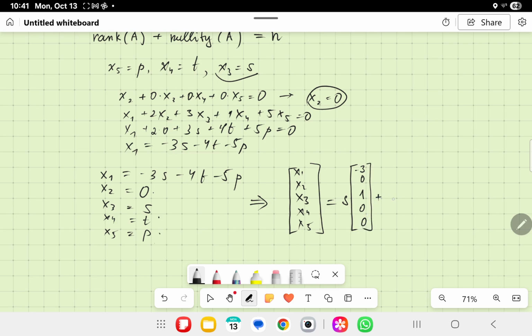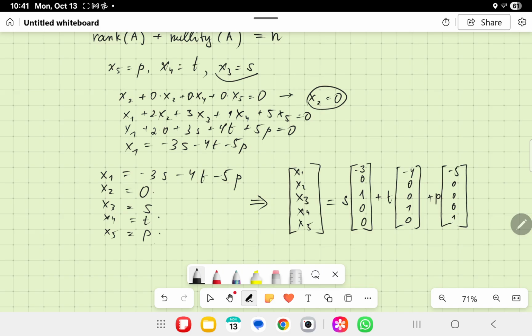Next is t, and I'm going to have minus 4 for x1, 0, 0, 1, 0. And the last one is p, and that's going to be minus 5, 0, 0, 0, 1, right?